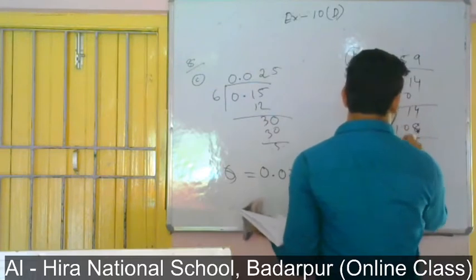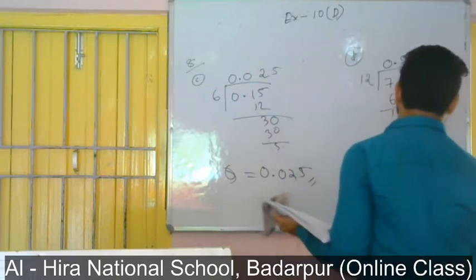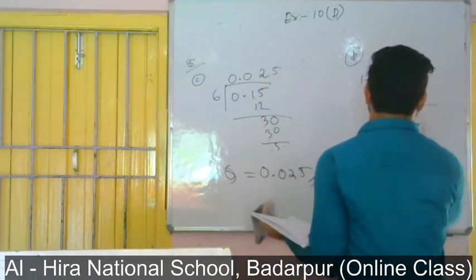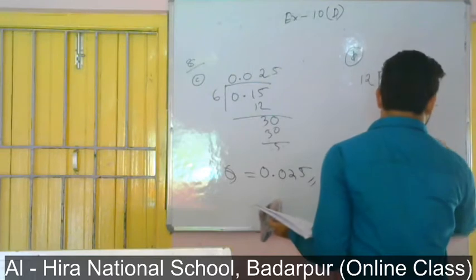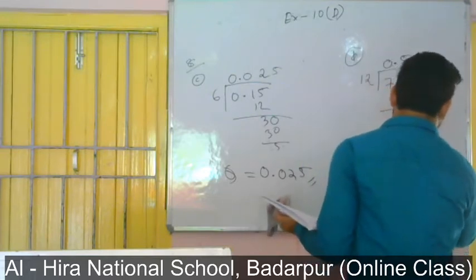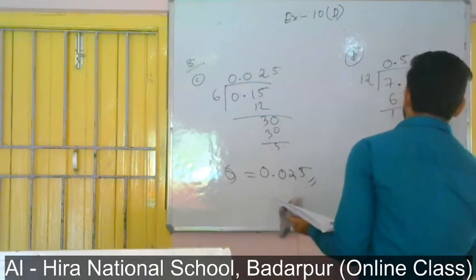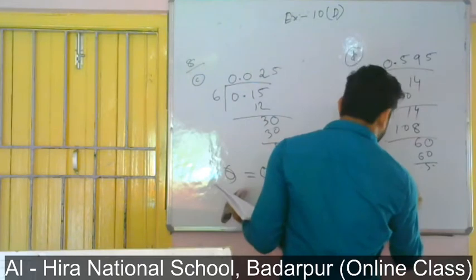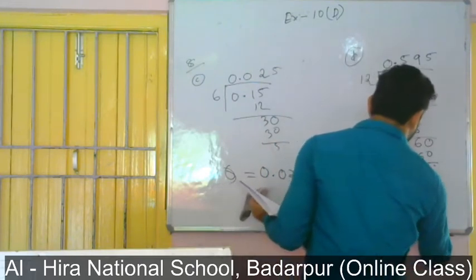Here remain 0, 0 minus 0, 0. Here remain also 0 minus 1. So we will get what? 6. So 6 is not divisible. Point is there. We will put 0. Then directly we can write 5 12s are 60. So quotient will be what? 0.595.